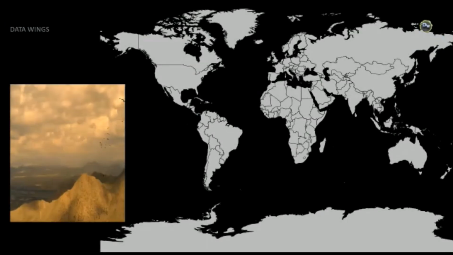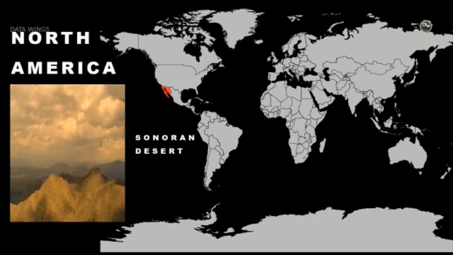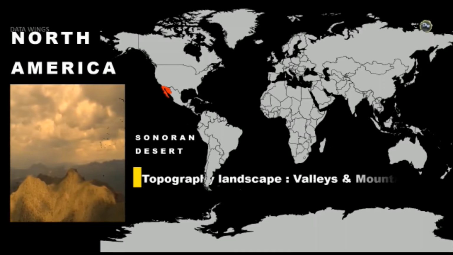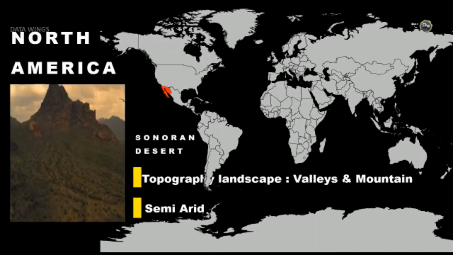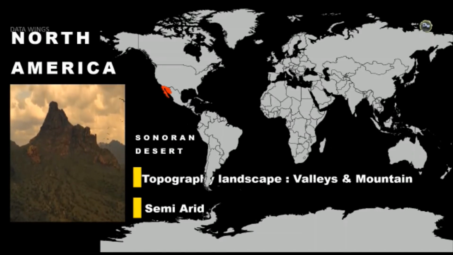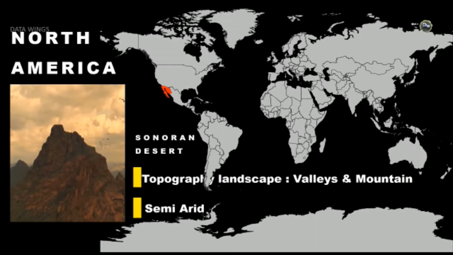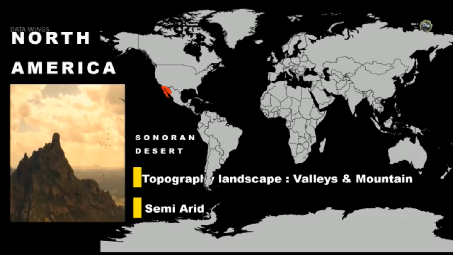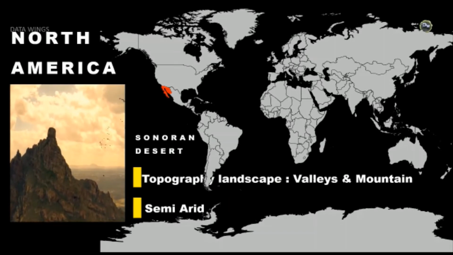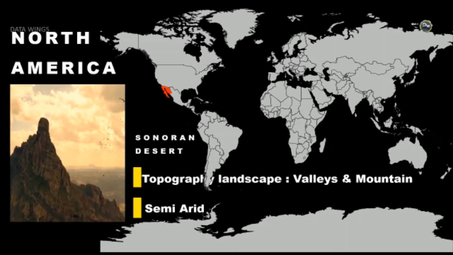And another desert we're going to look at is a desert also located in North America, and it is the Sonora Desert. And the topography or landscape are valleys and mountains. And this is not as hot as the Mojave Desert because it's semi-arid, kind of similar to the Kalahari Desert.